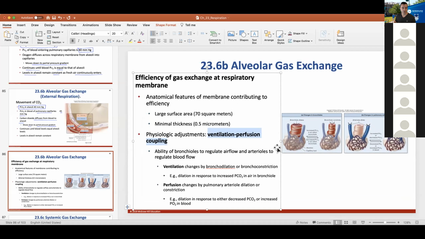What is ventilation perfusion? Ventilation is breathing, and perfusion is the concept of how much blood can enter into a region.